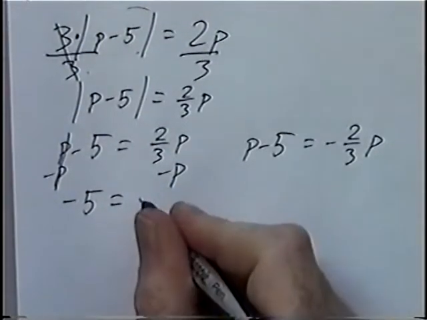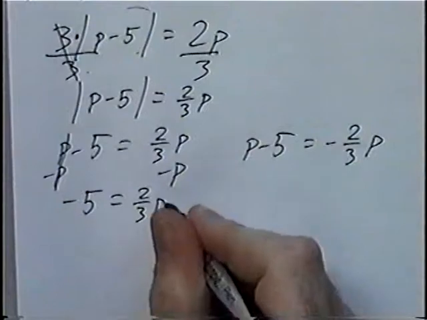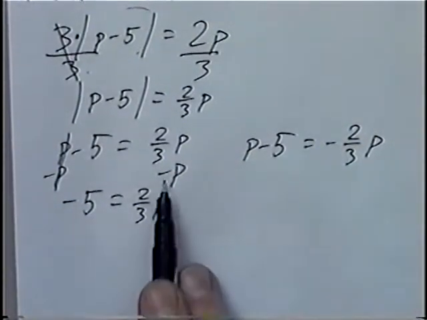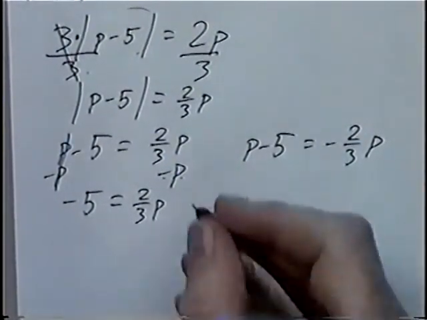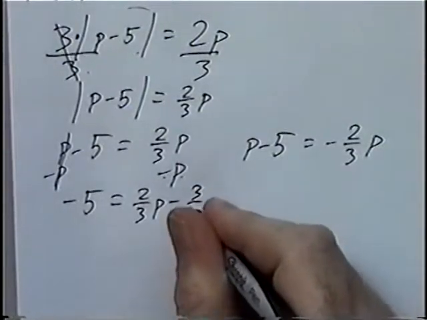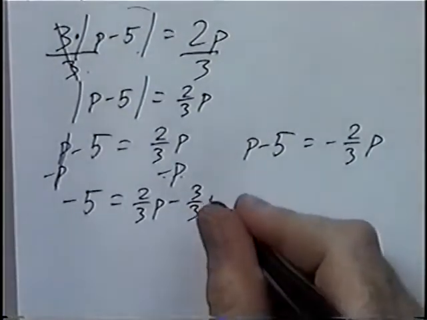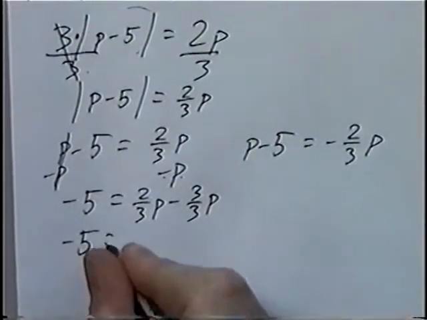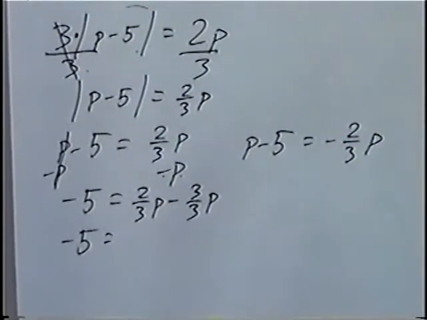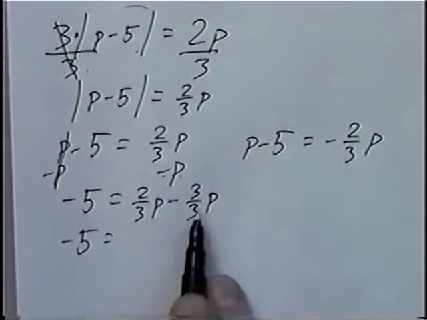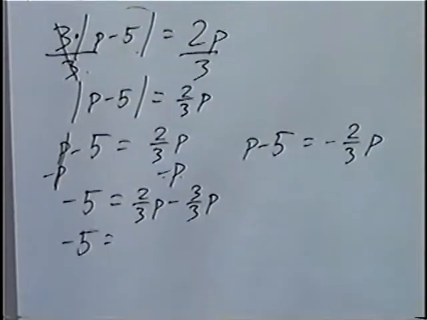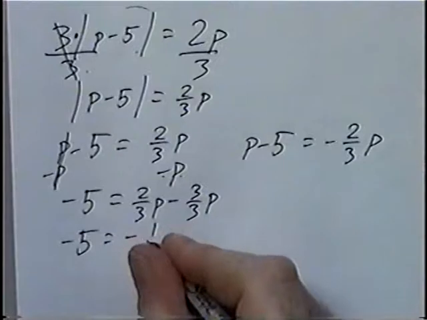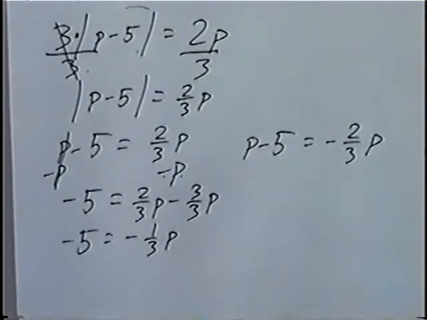You can get common denominators on those. 2/3 p would stay the same, and instead of minus 1p or minus p, you can change 1 into 3/3 or minus 3/3 p. Negative 5 stays the same. And now we have common denominators. 2/3 minus 3/3 would be negative 1/3 p.